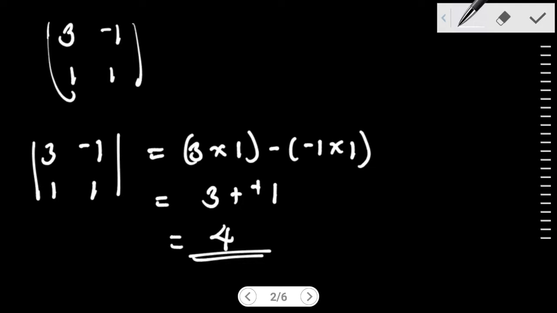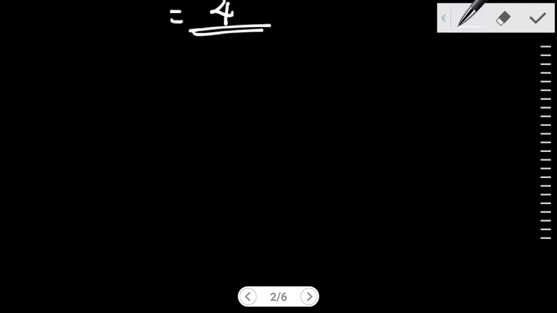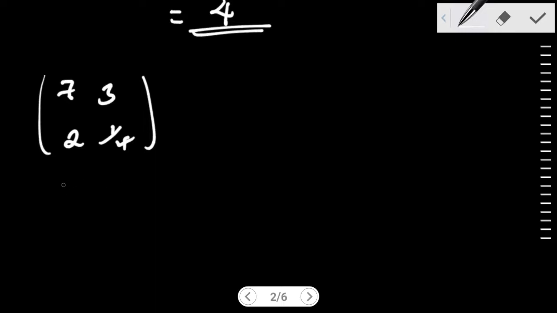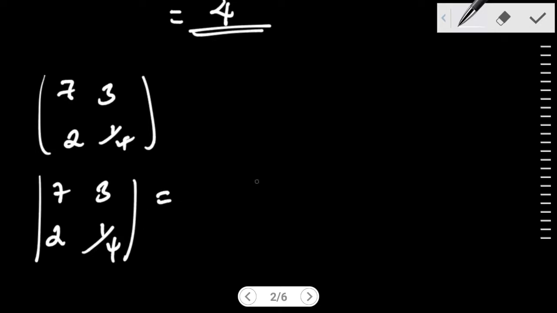Now let's try one more example. If I have the matrix 7, 3, 2, 1 out of 4, and I want to determine the determinant, it would be 7 times 1 out of 4 minus 3 times 2.